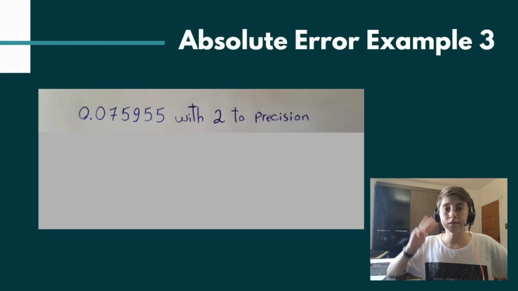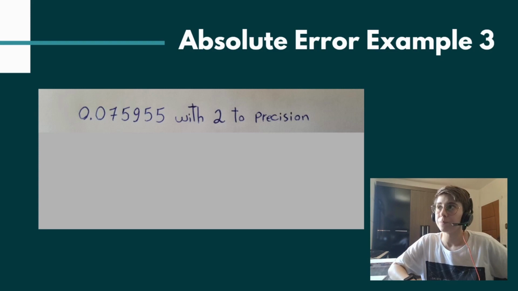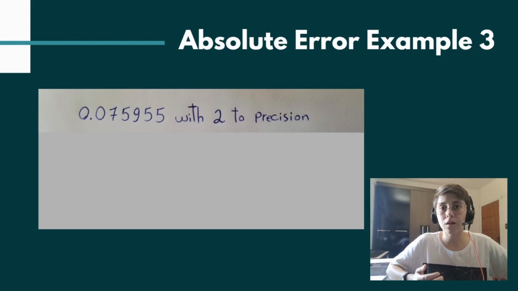And the last example, example 3, is a number smaller than 0, because I think the difference is very important. Think about this, because we will not count the 0 to the left like a significant figure, because we will start at 7, the first significant value.